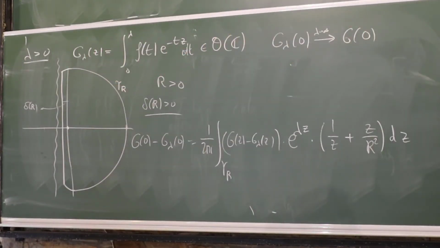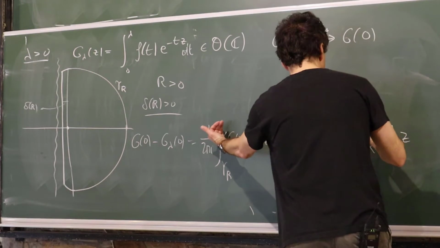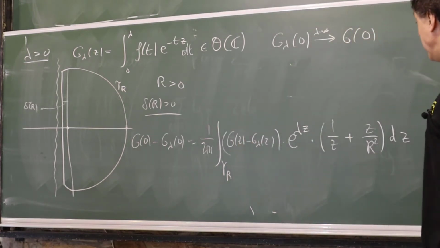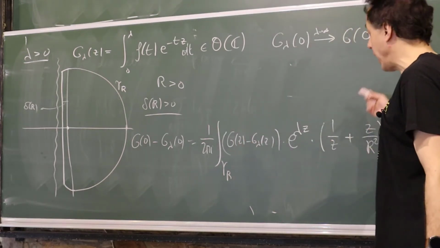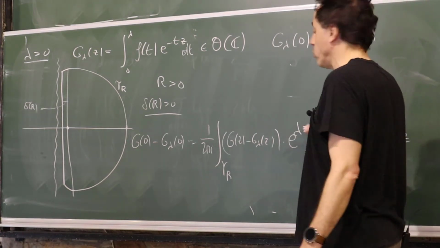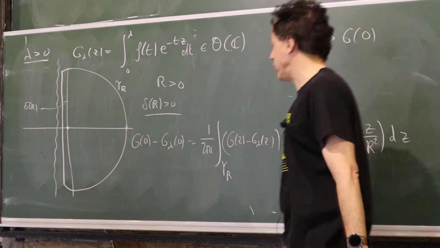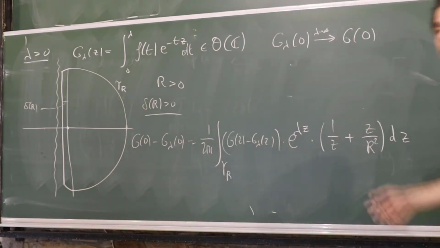And the value at that pole, you multiply the integrand by z and take the limit when z tends to 0. This term is going to disappear, this term here is going to tend to 1, and you have here g of 0 minus g lambda of 0, what we have here. So this equality is true by residue theorem.